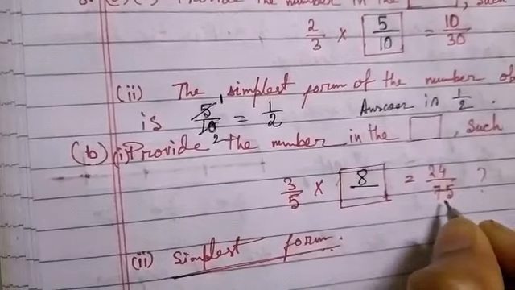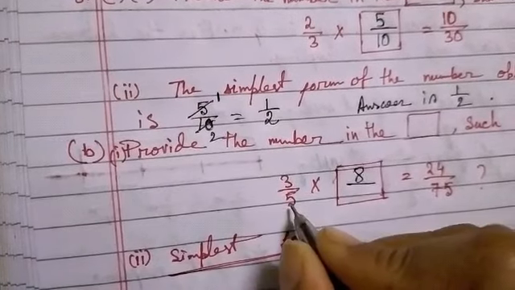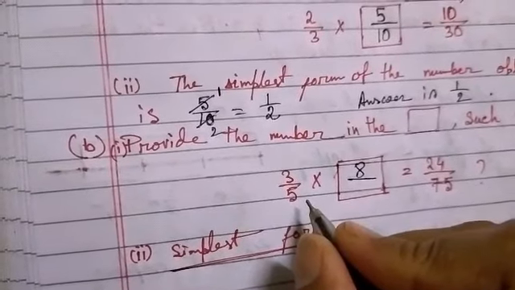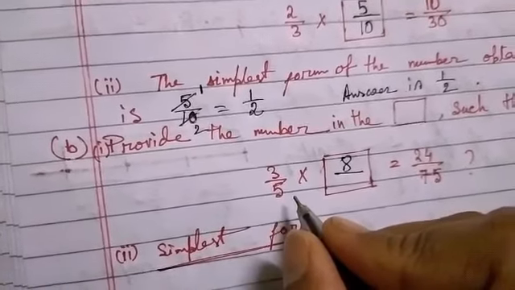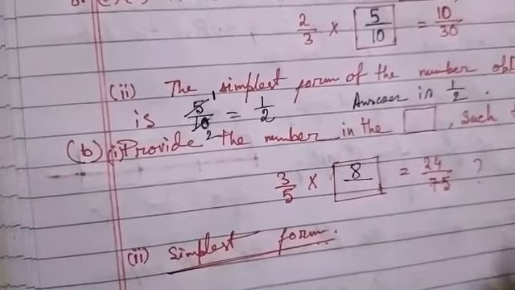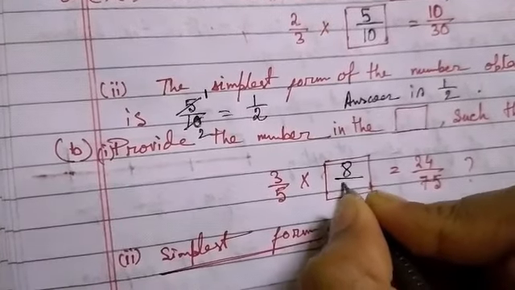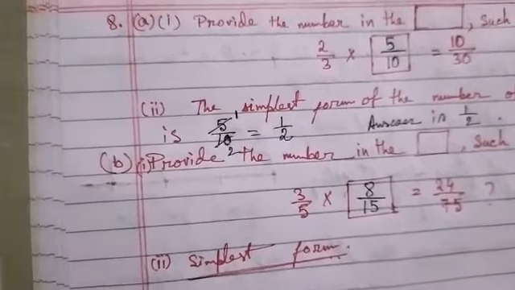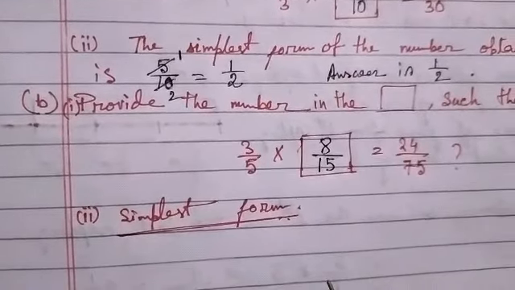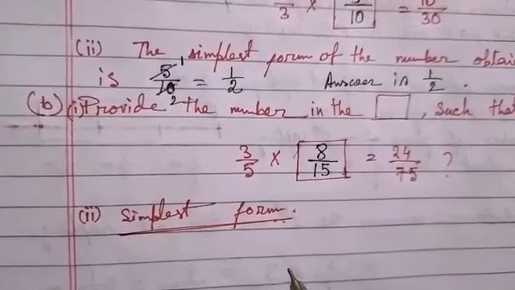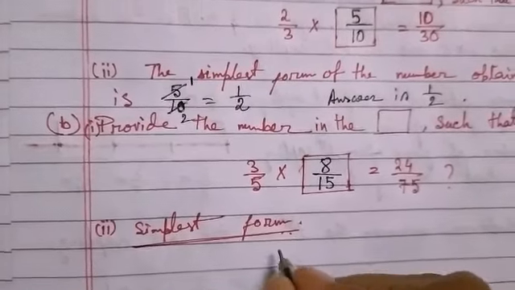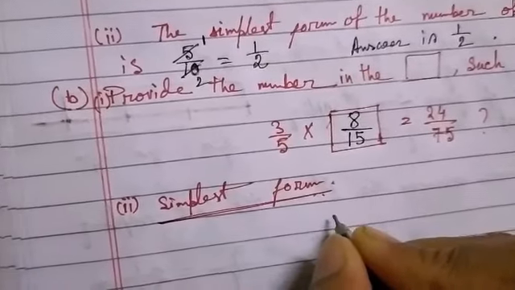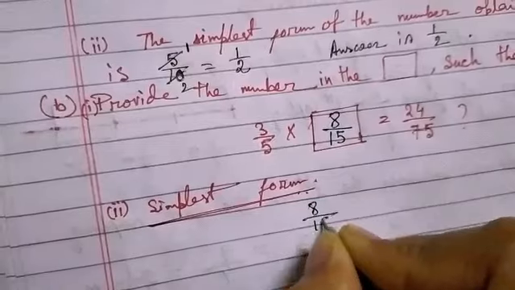Now 75 will come by which 5 will be multiplied, then 75 will become. Then you can divide it in the rough. 5 15s are 75. Then it is converted into simplest form. 8 by 15.